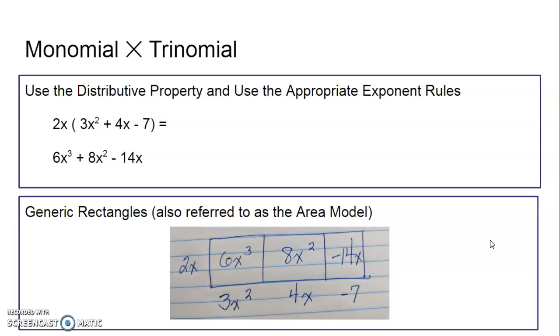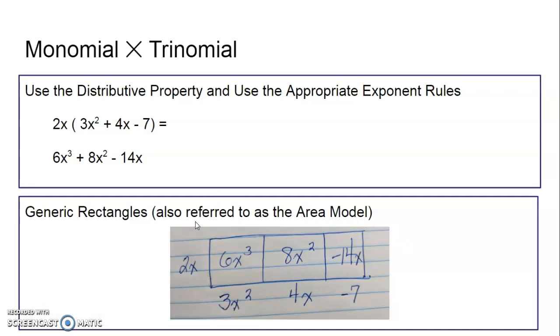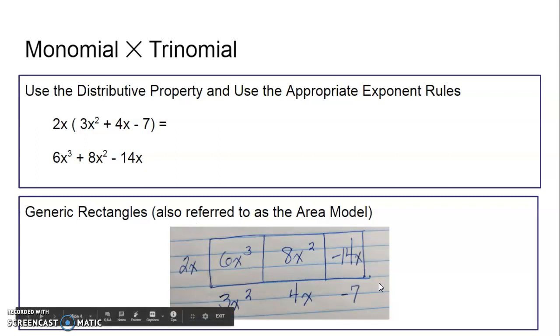Earlier in the year, we worked with something called generic rectangles, right? By the way, this should all be a review for you. I'm hoping you remember this. This is often referred to as the area model as well, where our length and width are shown as 2x times 3x squared plus 4x minus 7. Each square here is the length times just the width of that square.